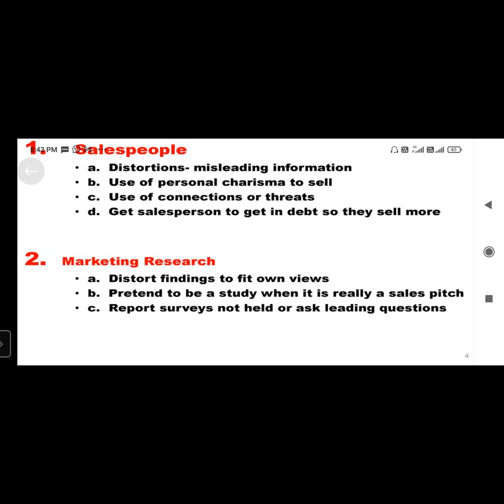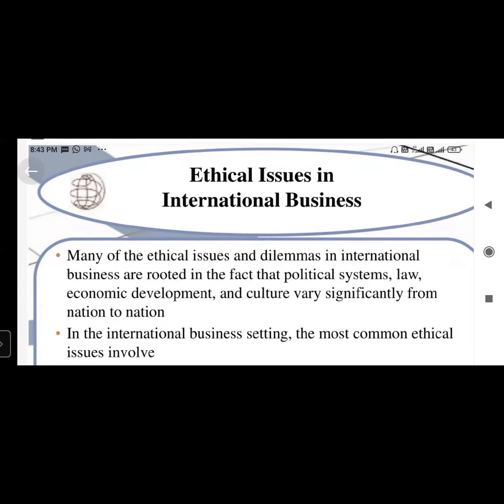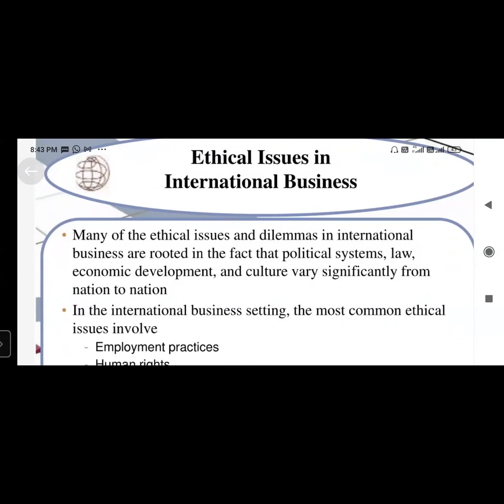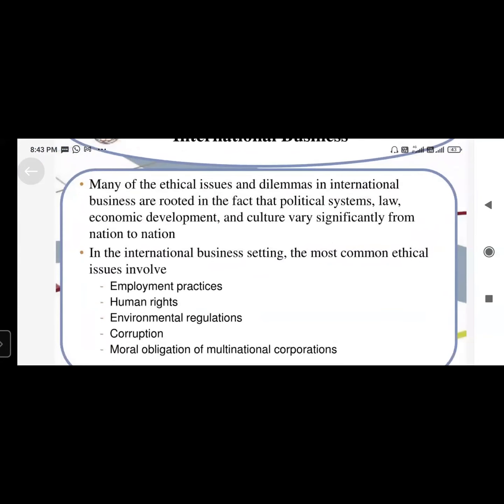Now the next one. Now we will talk about the ethical issues in international business. So first, I'll read the lines on the slide and then we will discuss. Many of the ethical issues and dilemmas in international business are rooted in the fact that political system, law, economic development, and culture vary significantly from nation to nation.